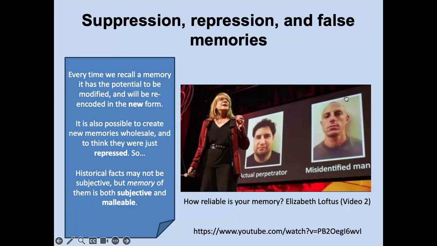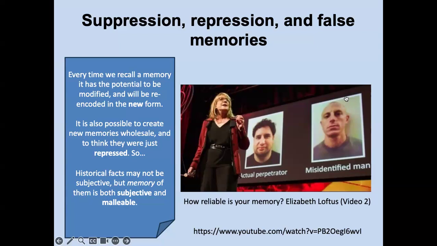We'll talk about this a little bit in a few slides, but every time we recall a memory, it has the potential to be modified. And when we pull it up, we will re-encode it in the new form. So it's very easy to adjust or change a memory just by pulling it out, right?